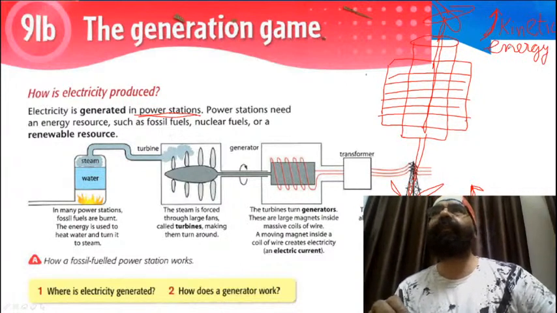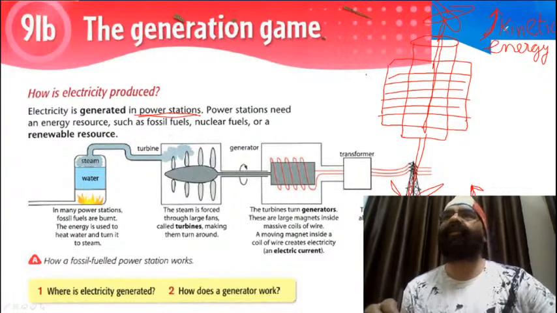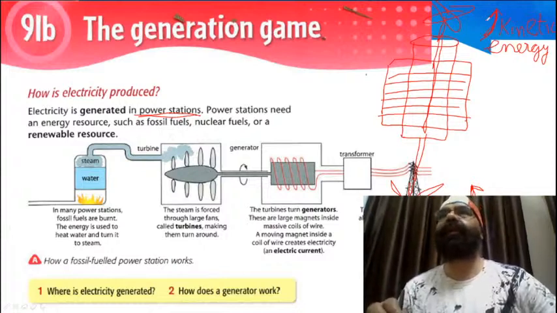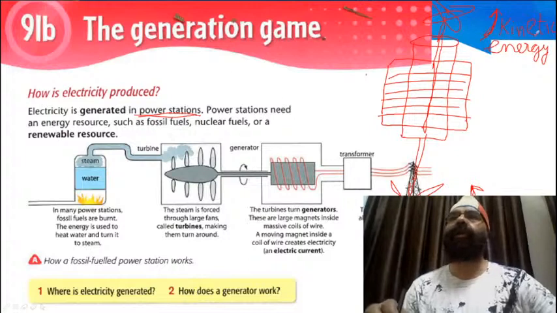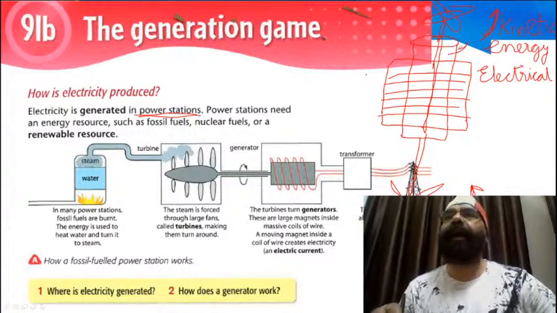You have said that by capturing the power of motion. So by capturing the energy of motion, and that energy which is because of motion is known as kinetic energy. Clear, beta? So now we are turning this kinetic energy into electrical energy. The kinetic energy of the turbine is transferred to the magnet, and the magnet also rotates in the same direction.